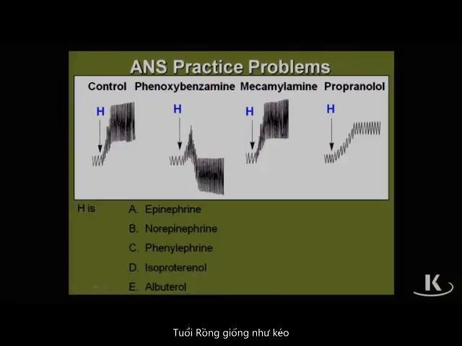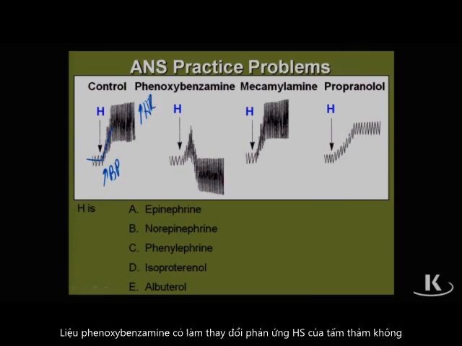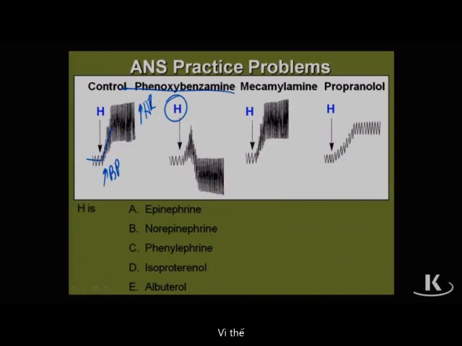So let's look at drug H. Drug H is like drug R. Drug H is a drug that increases blood pressure and increases the heart rate in the control. Does phenoxybenzamine change drug H's response? It does. So H has alpha-1 activity, has alpha-1 agonist activity to increase blood pressure.